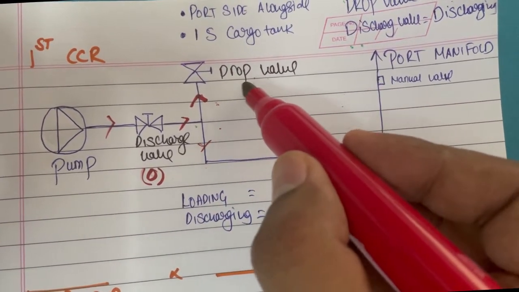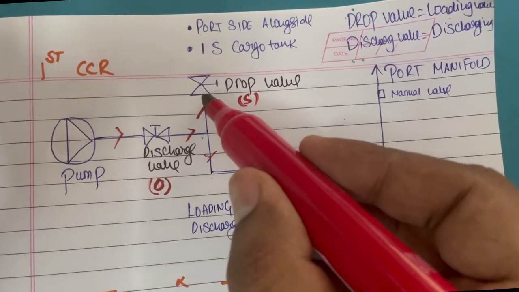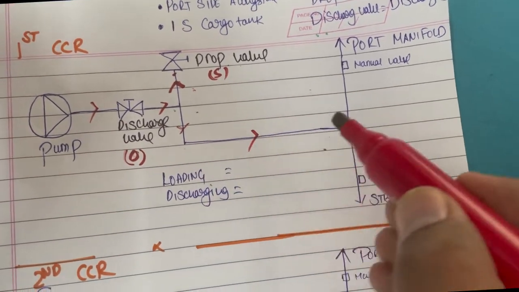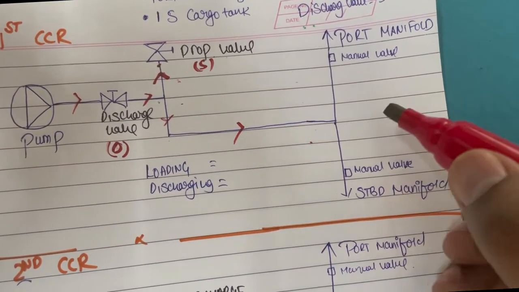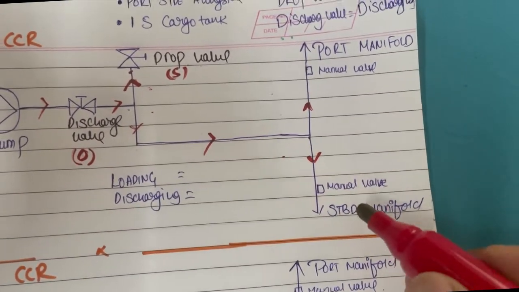As we are not loading, we will keep this drop valve shut. So the cargo will come over here, flow in this line, go to this side, and go on both sides, port side and also starboard side.